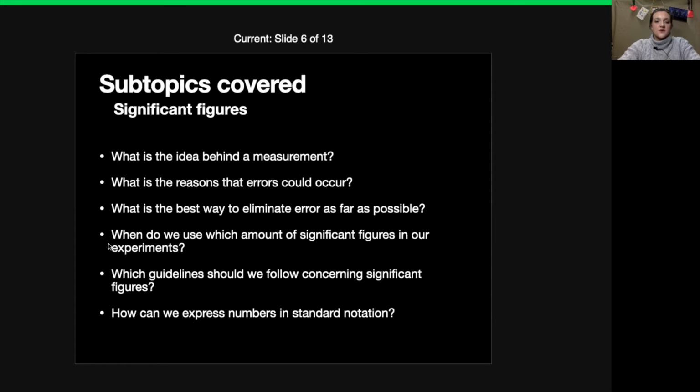When do we use which amount of significant figures in our experiments? So firstly, what is a significant figure? A significant figure is the amount of decimal spaces that you need to represent in your answer during your experiment.